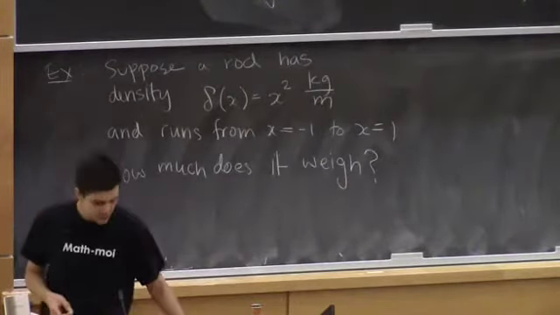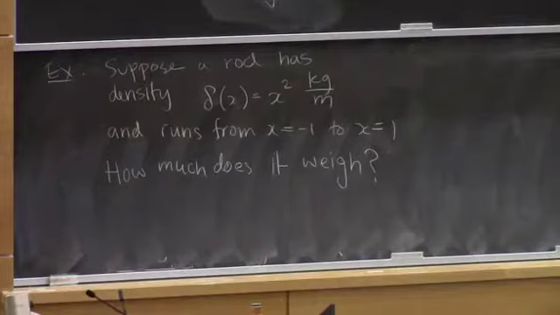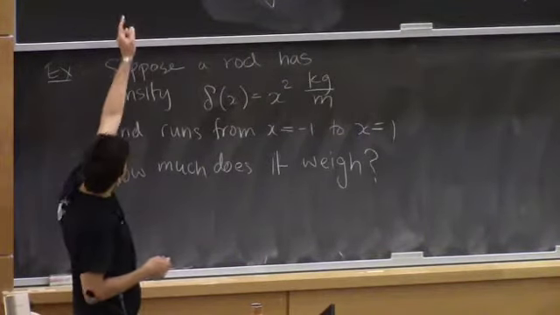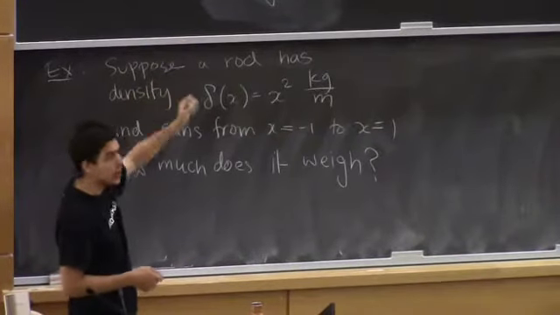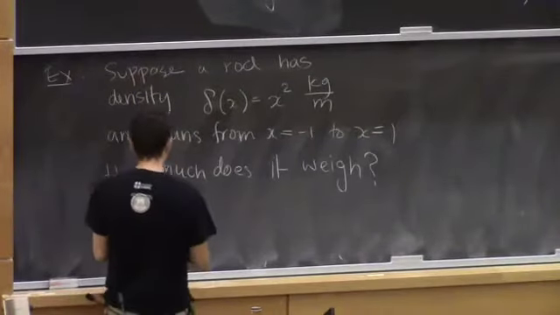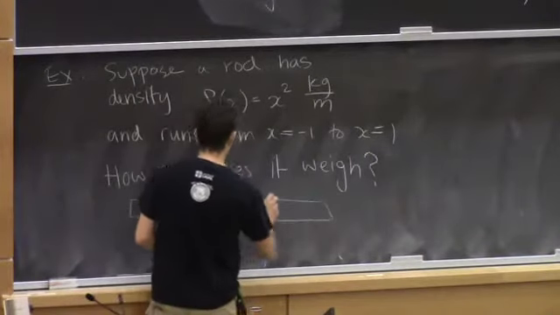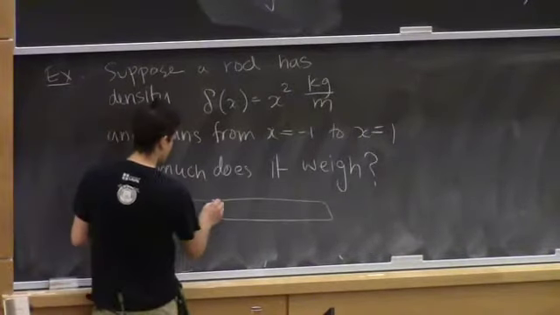How much does this thing weigh if it's got this quadratically changing density? The idea is that instead of this simple picture where we have discrete blocks, now we've got some kind of continuous picture where the density in the middle is quite low.